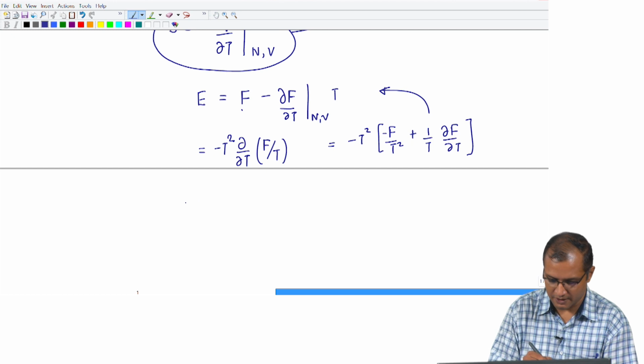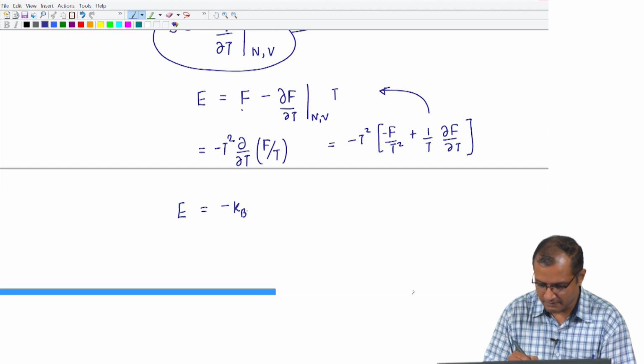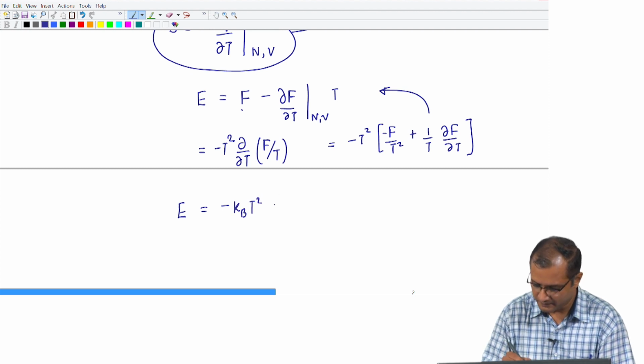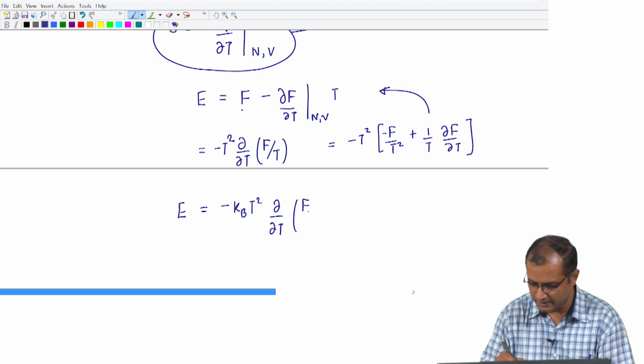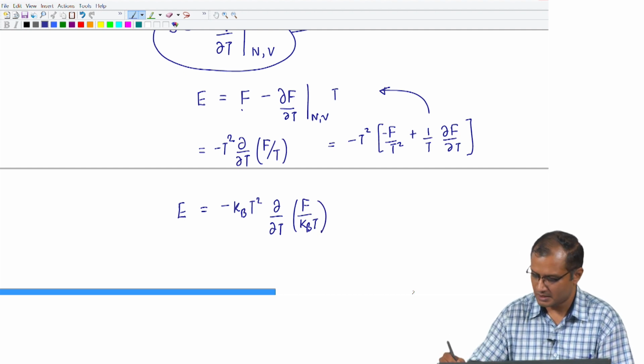And so, you can now write down your energy E as minus kB T square d by dT of F by kBT, just multiplying and dividing by kB. Okay.